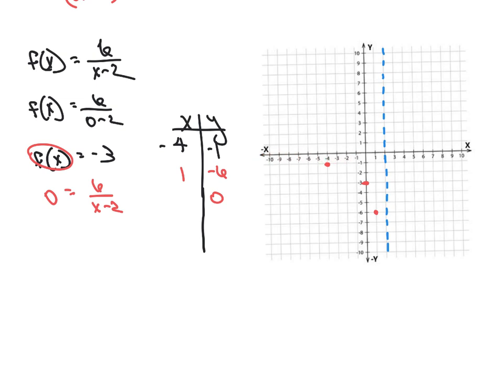So that means I get a graph that looks like this. It doesn't cross either one of those lines. Now, I'm not done yet. I haven't tried any numbers on this side of that blue line. It's important to look at numbers on both sides of that line. So I put in a 3 and I get a 6. I put in a 4, I get a 3.